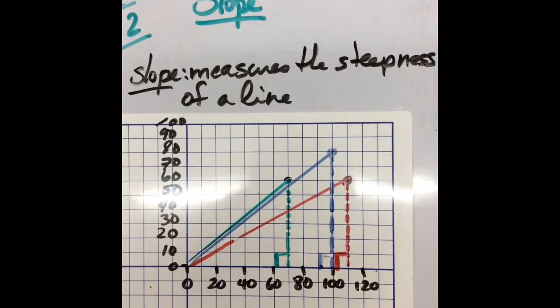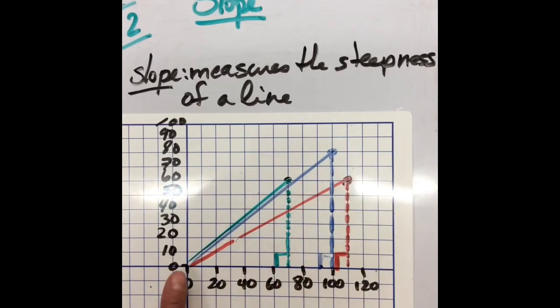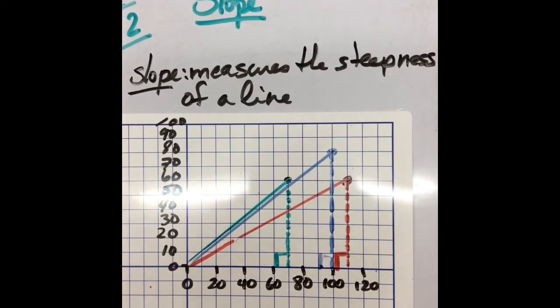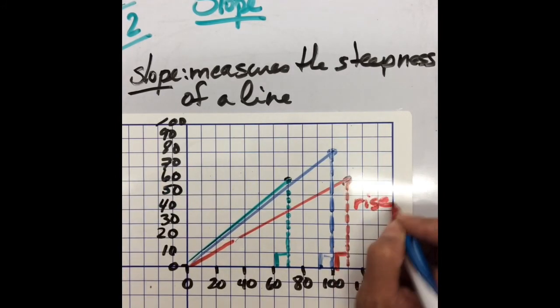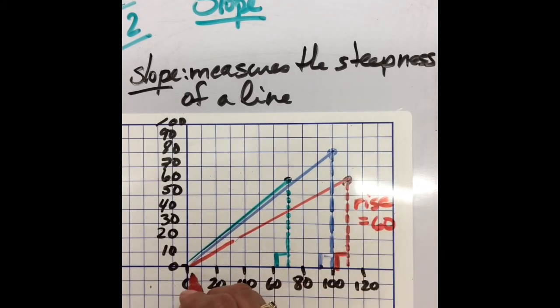If you look at this, it really depends on how high it goes and how far it goes horizontally. This is called the run, and this is called the rise. In this case, we have a rise equal to 60, and the run is equal to 110.